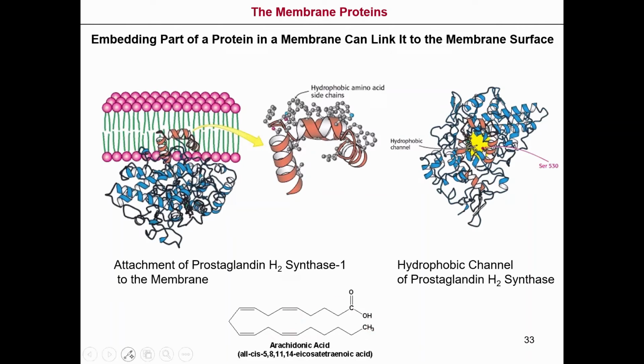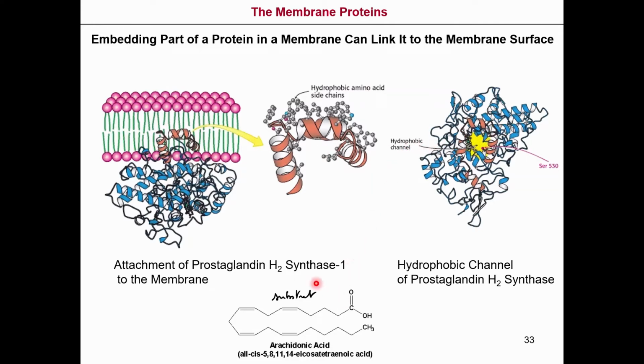Because its substrate is arachidonic acid, which is a fatty acid and a component of the phospholipids. So after hydrolysis of a phospholipid, this arachidonic acid, the substrate, can go to the active site of the protein by a hydrophobic channel.